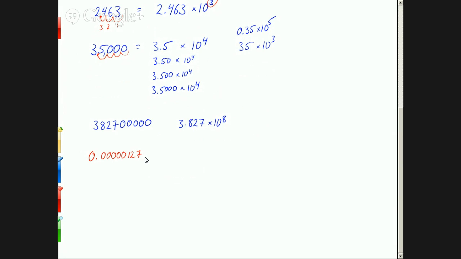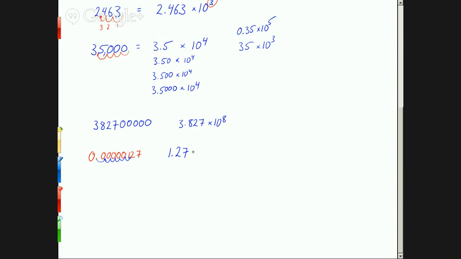So we move the decimal place again, 1, but we're moving the other direction, 2, 3, 4, 5, 6, until we just catch one number to the left of the decimal place. Because we're going the opposite direction now, we're dividing by 10 instead of multiplying by 10. And the way that we express that mathematically is with a negative exponent.